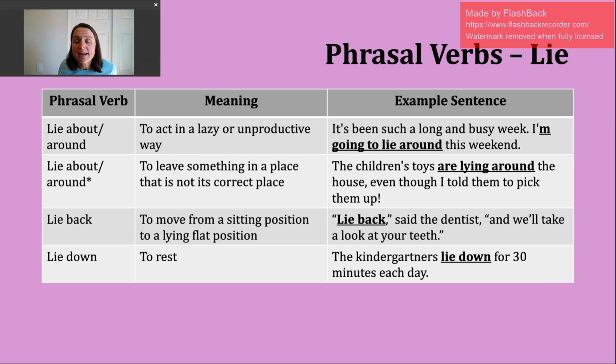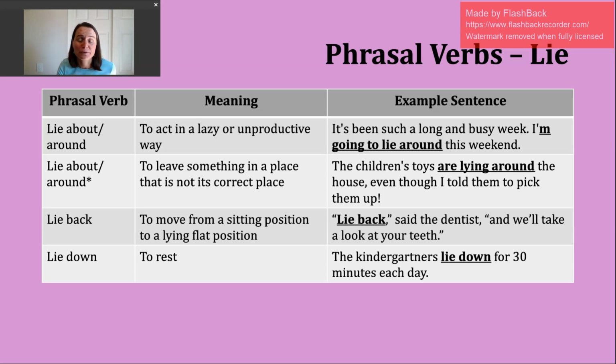So maybe this particular parent has a shelf or a toy box or some other container, and that is the correct place for the toys when they aren't being played with. But here, the toys are not in their correct place. Maybe they're on the floor, on tables, just scattered around the house.